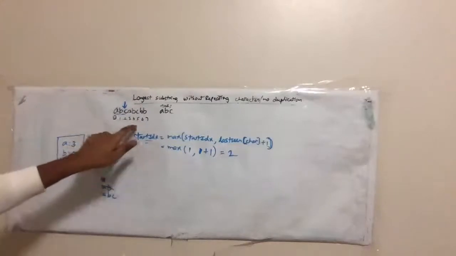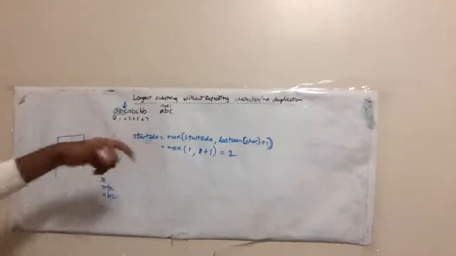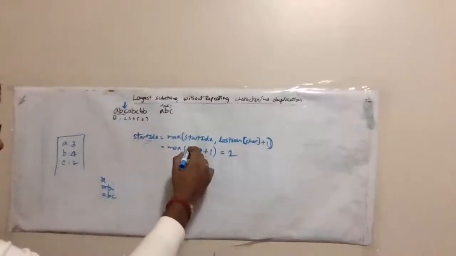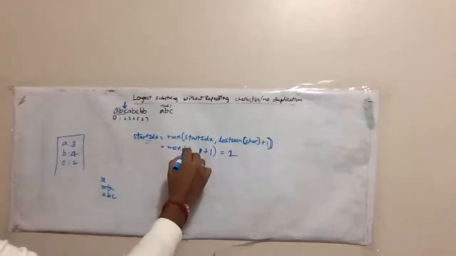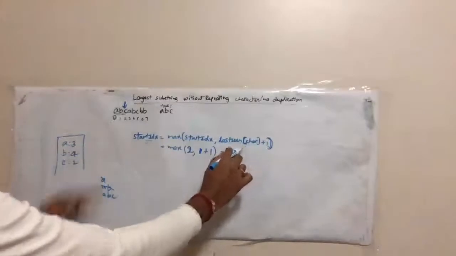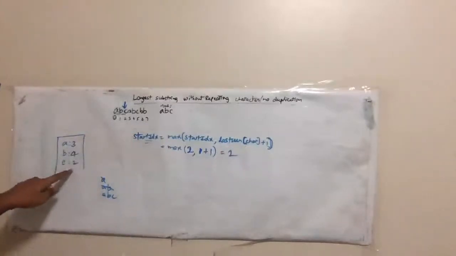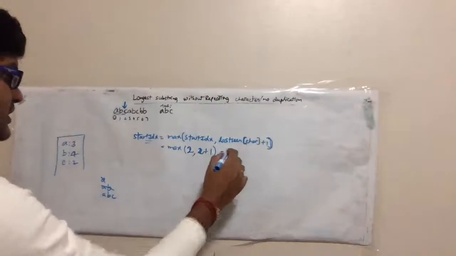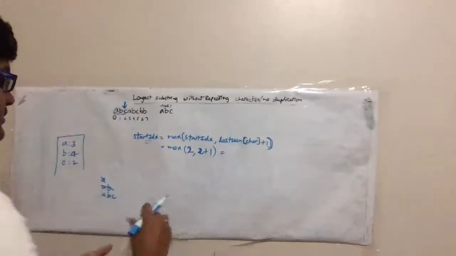From B to C, here we got the C again. So we need to update the starting index. The current start index is 2, and the last seen index of C is 2, 2 plus 1, which is 3.